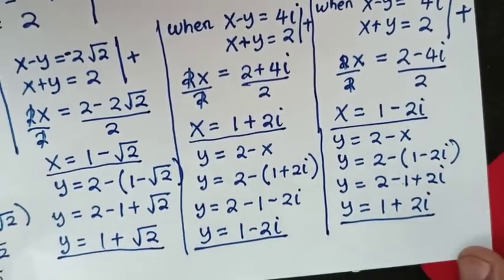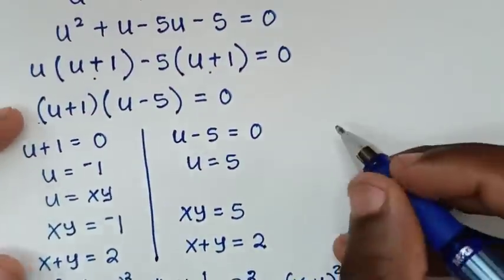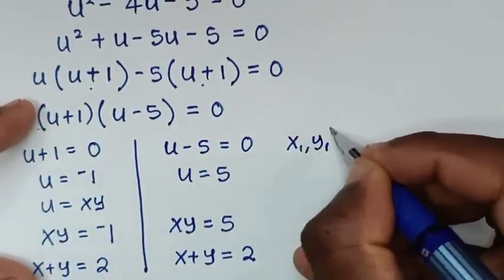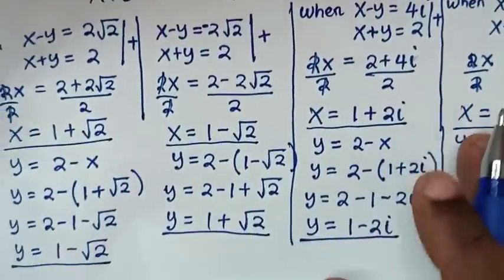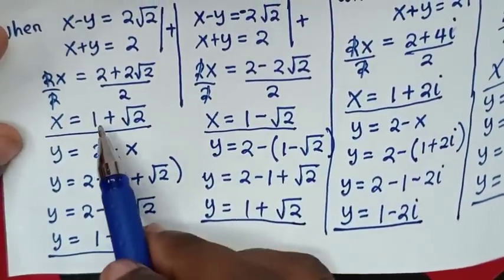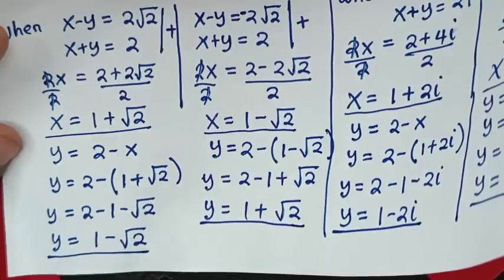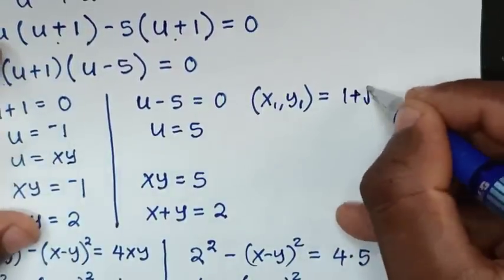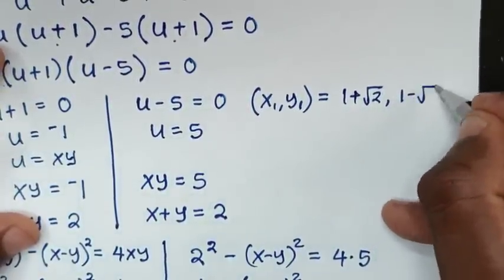Therefore, our conclusion: we have four solutions. x1, y1 is equal to, when x is 1 plus square root of 2, y is 1 minus square root of 2. So 1 plus square root of 2, 1 minus square root of 2.